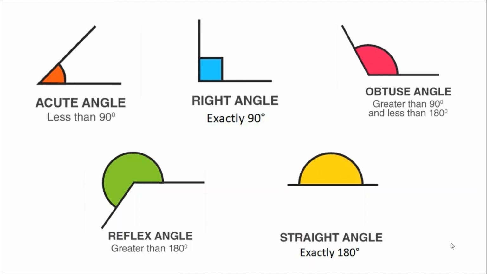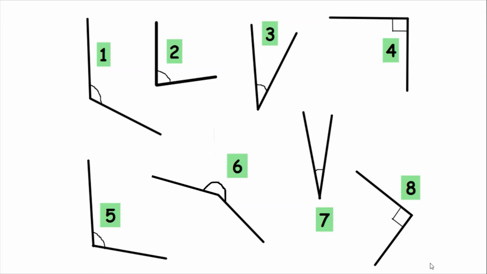So I'm going to test you now and see what your angle knowledge is like. Here are 8 different angles, and I want you to see if you can work out which type of angles they are. There might be some acute angles, right angles, obtuse angles, and reflex angles.